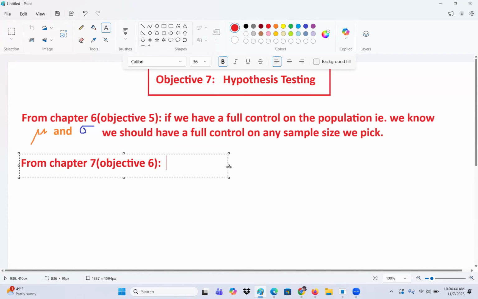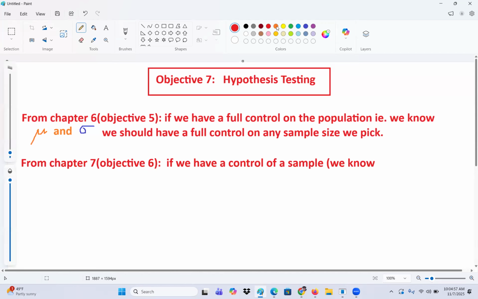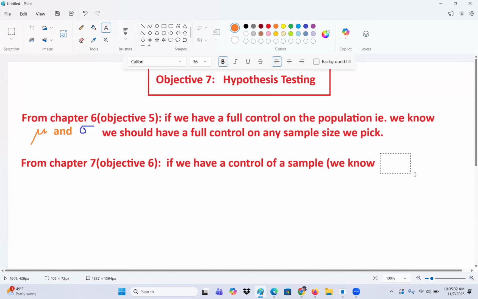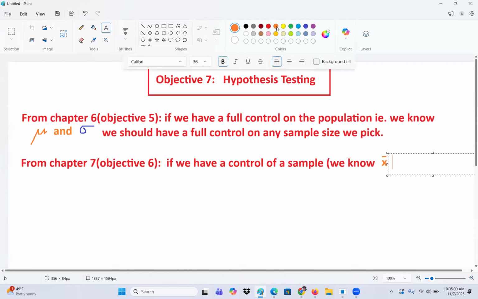So if we have full control on the sample, of course we always have that, so we know the X bar and the sample standard deviation S in this case.